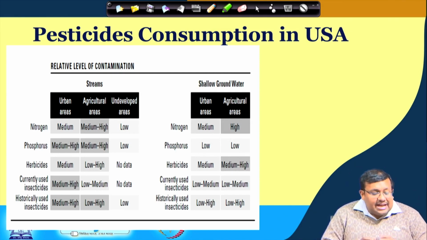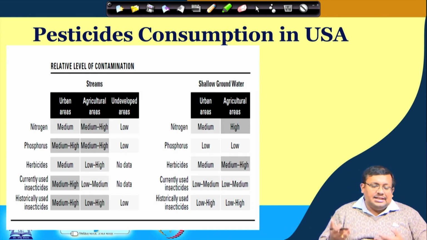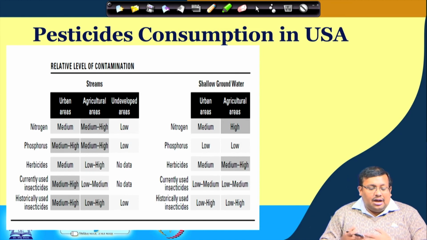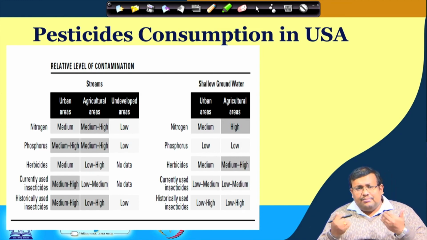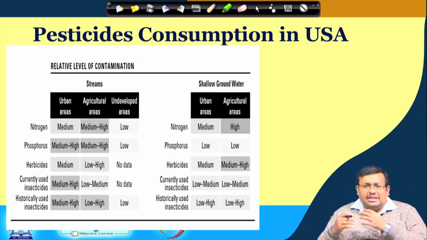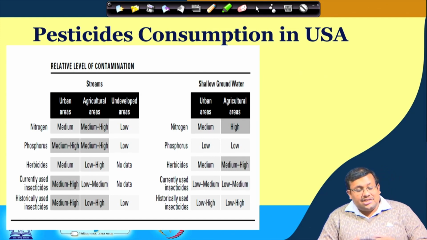In case of herbicides, obviously agricultural areas, due to huge application of herbicides, produce low to high amount of contamination. However, since the application of herbicides is limited in urban areas, the hazard from herbicide application is somewhat medium in urban areas.